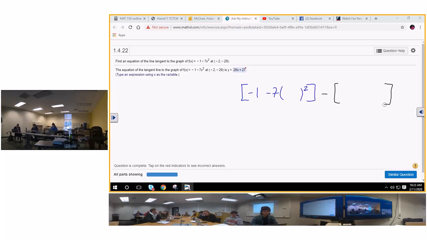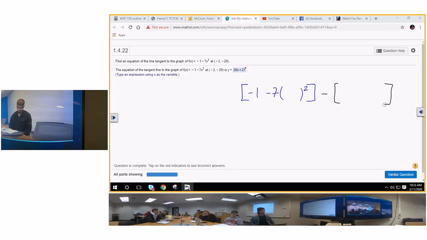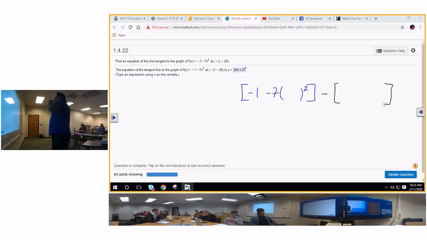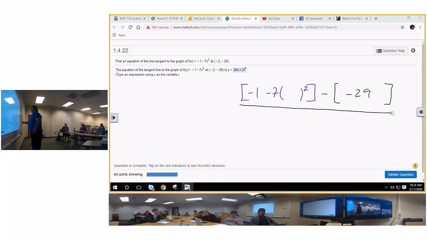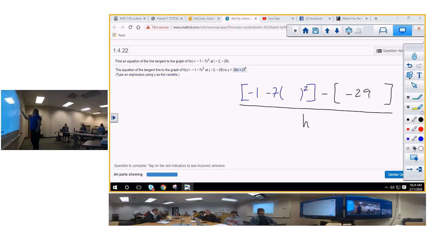When you plug in the negative 2, I think that's where they're getting the 28. Negative 2 squared is 4. 4 times negative 7 is negative 28. Somebody check my math there. And that'll give you a negative 29. So that's where they're getting the negative 29, I assume, right here. And then over h.